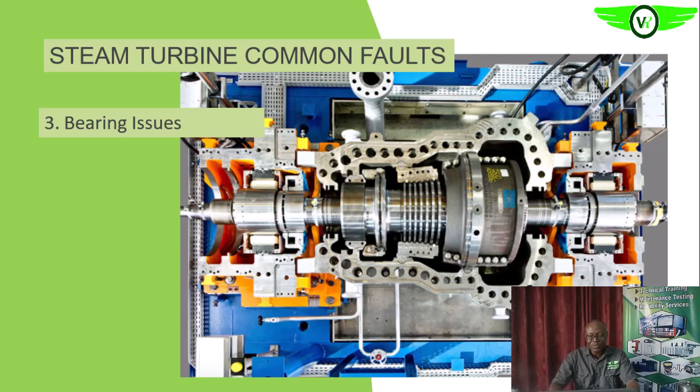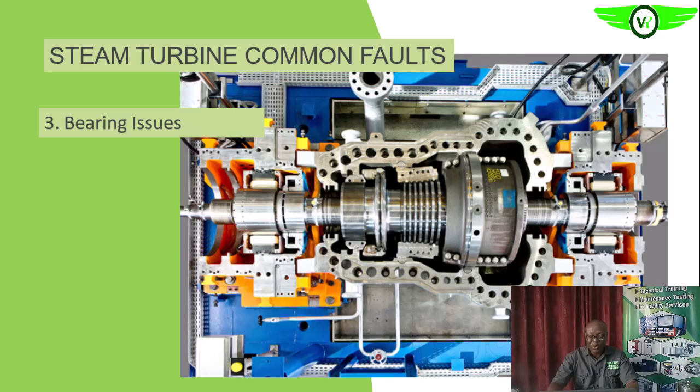So other issues that can result in problems are issues concerning the bearings. Remember, the bearing is meant to support the rotor during normal operation and to ease the rotation of the rotor within the casing of the steam turbine.